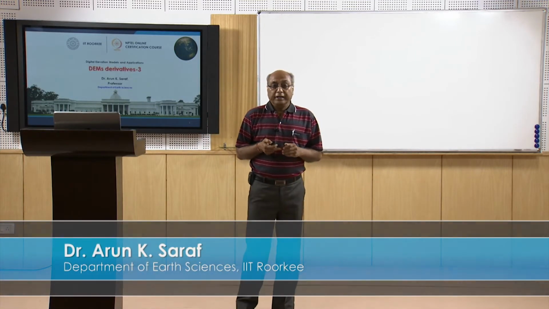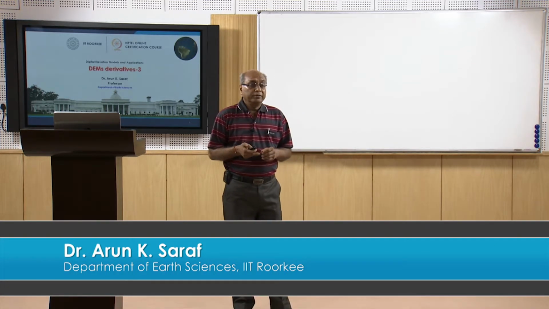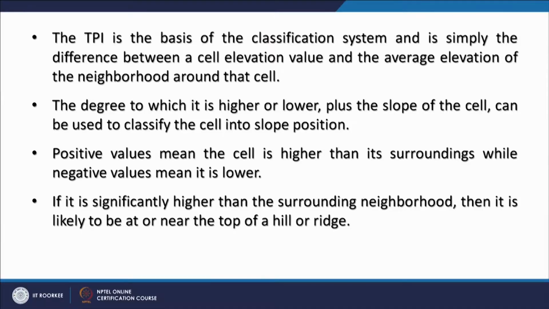Positive values mean the cell is higher than its surroundings, while negative values mean it is lower than its surroundings. If it is significantly higher than the surrounding neighborhood, then it is likely to be near or at the top of a hill or a ridge.